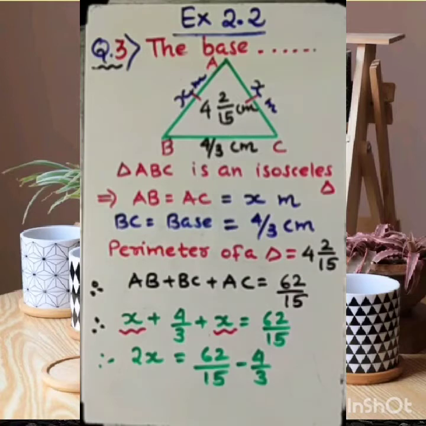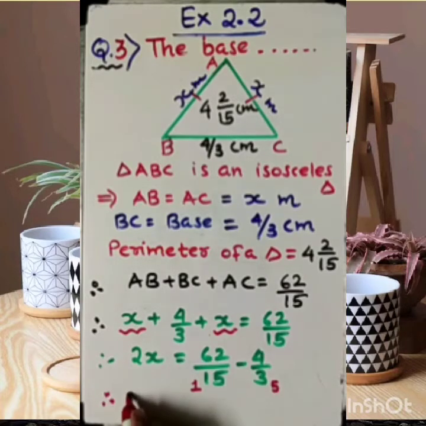Now how to simplify? Again the same procedure of taking the LCM. What will be the LCM of 15 and 3? Of course it will be 15. So my dear student, here we need to multiply with 1, because 15 1 ja 15, 3 5 ja 15.